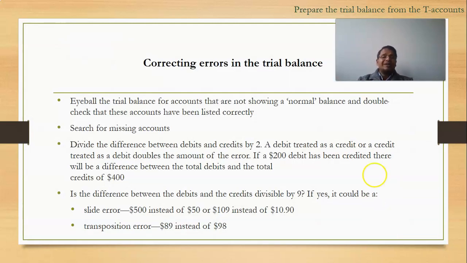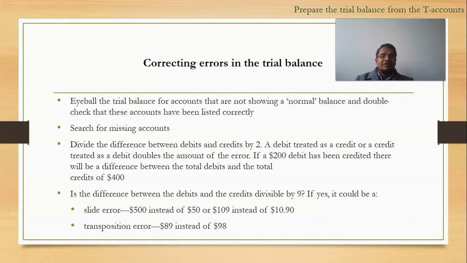For correcting errors, if you find anything abnormal that doesn't balance, we have to find out which account we didn't record, what is missing. There are some tricks given here. Divide the difference between debit and credit by 2.